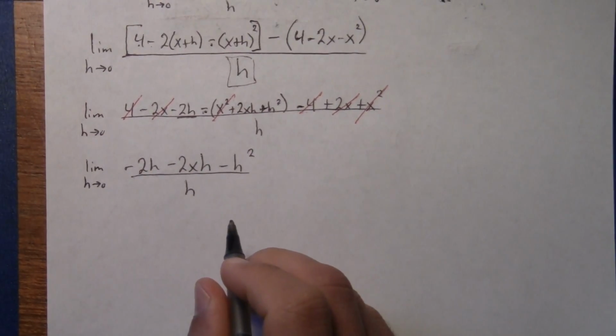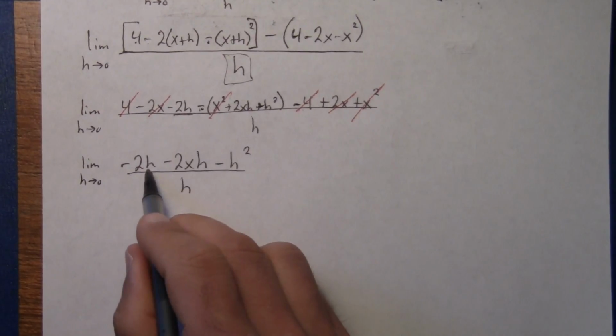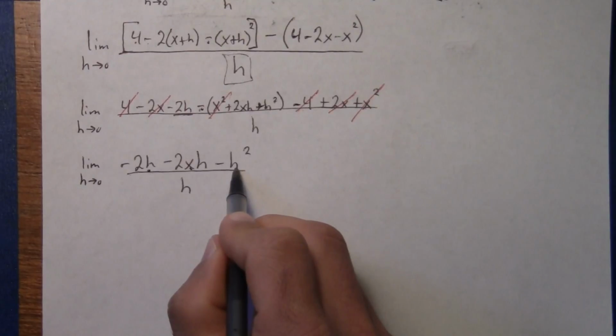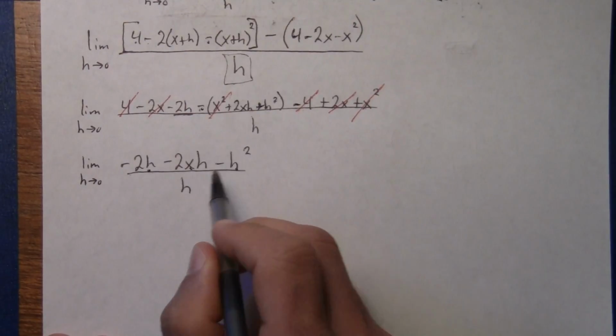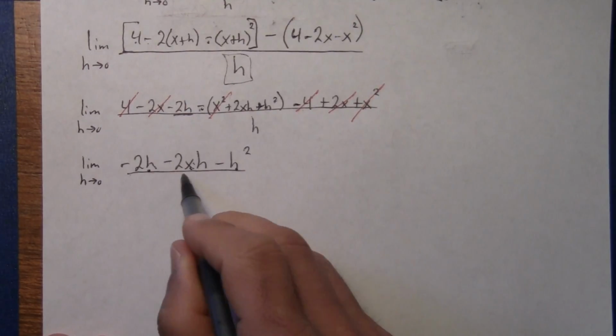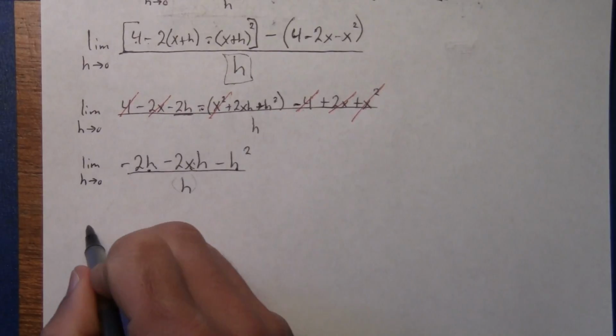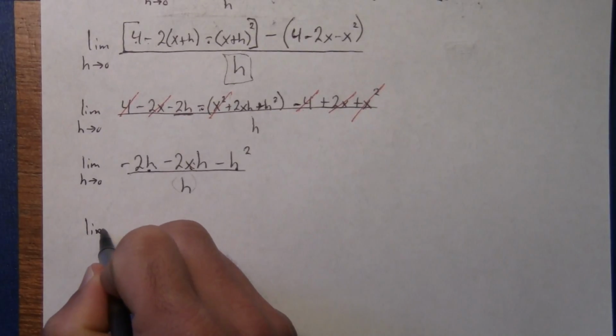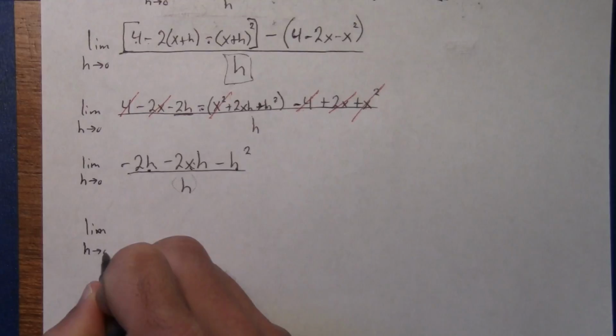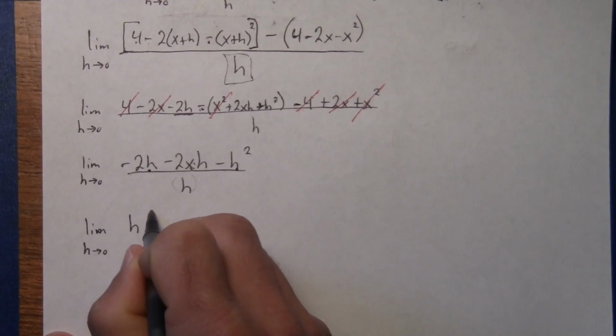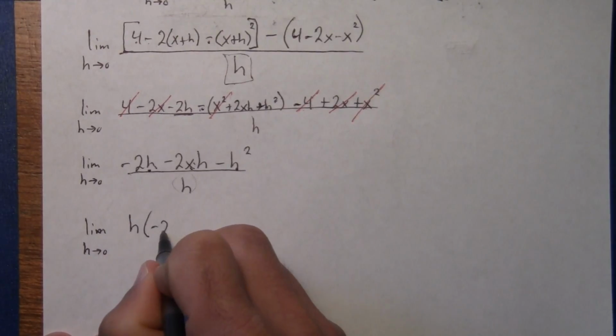And when you look at it, this should happen if you do this correctly. All the terms that are left in the numerator have h in common. Why would that be good? Because I can factor an h out and I can cancel it with that one. So now that's what I'm going to do. So I have the limit as h approaches 0 of h times, I still have negative 2 from that term.